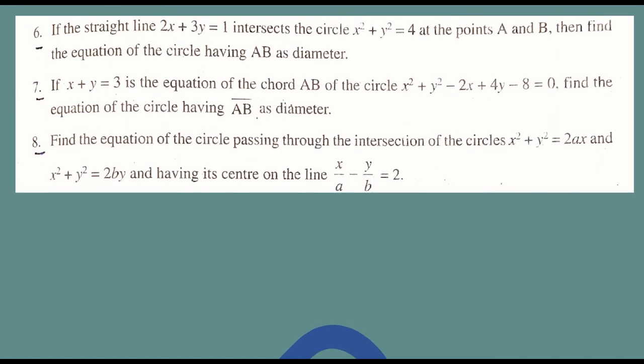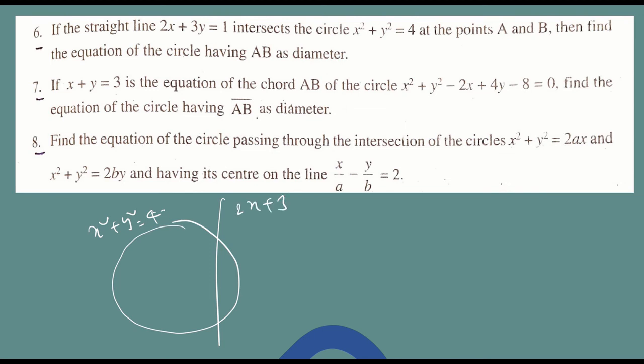Okay, look at sixth one. Now we have a circle, x square plus y square is equal to 4, and we have a line 2x plus 3y is equal to 1 intersecting this in points A and B. So we are looking for the circle having AB as diameter.